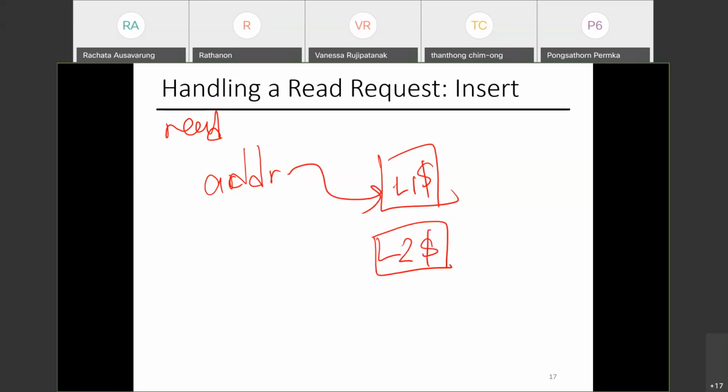You put the data and the tag into both the L1 and the L2. If my cache is full, what do I have to do? That's the insertion part, and it's not that hard. You put that in a cache, and you figure out which way you're putting it in. If that set is already full, what's the next thing you need to do?